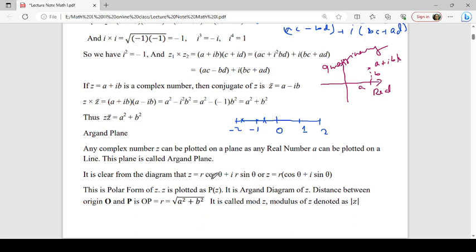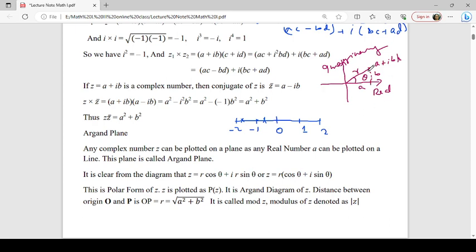Now if this is a plus ib, we join this point to the origin. Suppose this value is r and it makes some angle theta, then a is equal to r cos theta and b is equal to r sin theta.